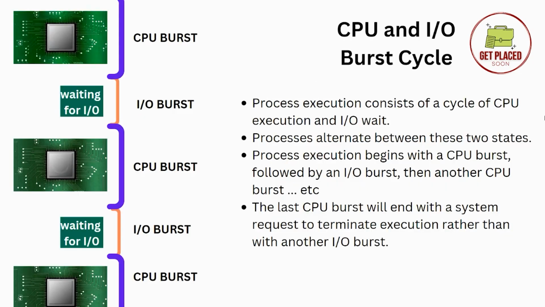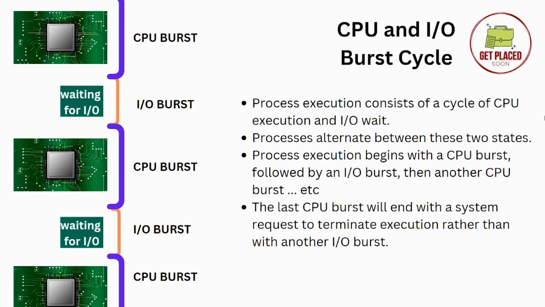Now moving ahead, I need to talk to you about the CPU input output burst cycle. Here you can see a process goes through this cycle of working hard, doing all the computation, and all these things come under CPU burst. And then waiting for something to happen, waiting for either input or output or just clicking the mouse, everything comes under input output burst.